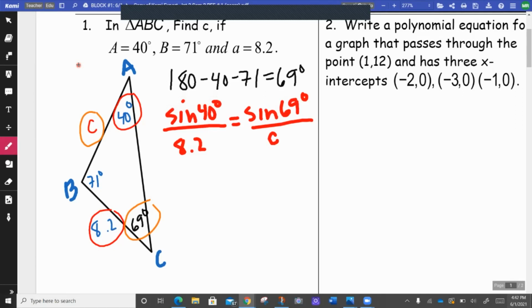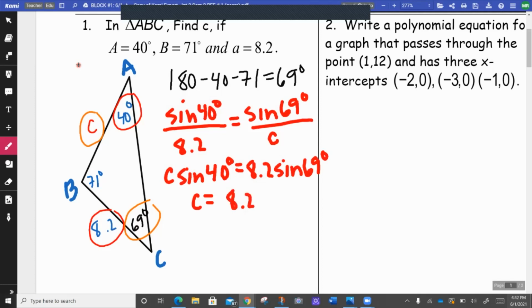So when I cross multiply, I'm going to get C times sine of 40 degrees equals 8.2 times sine of 69 degrees.